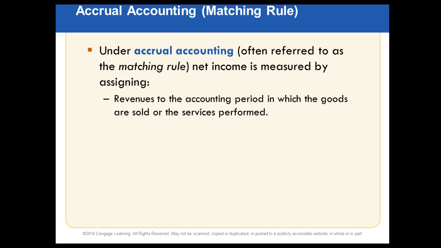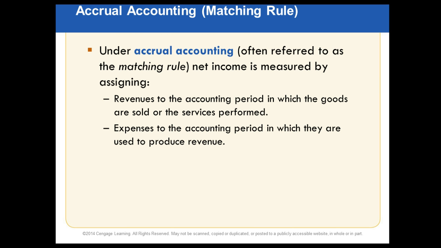But in accounting, the accrual method means that we show revenues not when we receive the money, but when we complete the service or actually sell the product. And with expenses, we record expenses not when we pay the bill, but when that expense really has incurred.